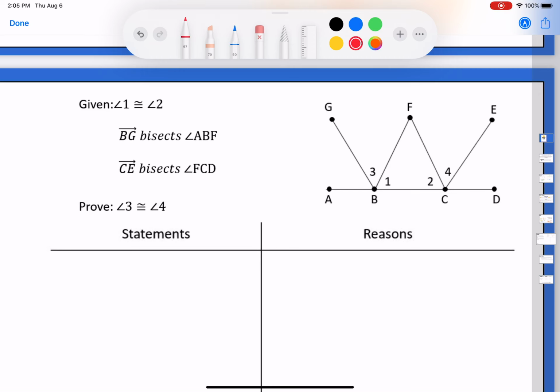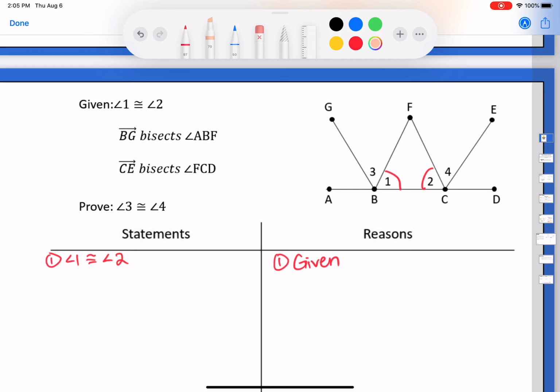Let's see. Okay. Step number 1. Angle 1 is congruent to angle 2. That was given. So this angle is congruent to this angle. All right. Now I know that ray BG bisects angle ABF, and I know ray CE bisects angle FCD.